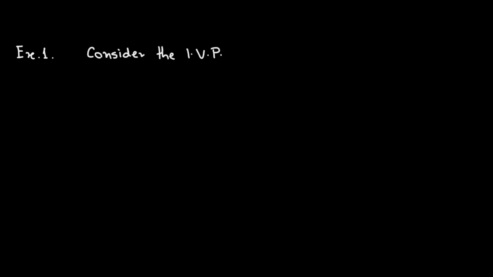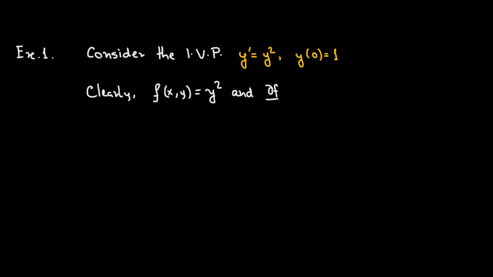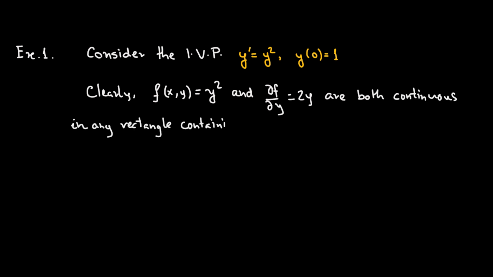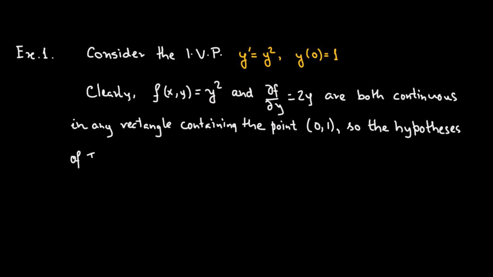The derivative of y equals y squared with the initial condition y(0) = 1. Clearly, the function f(x, y) = y squared and the partial of f with respect to y, equal to 2y, are both continuous in any rectangle containing the point (0, 1). So the hypotheses of theorems 1 and 2 are satisfied.